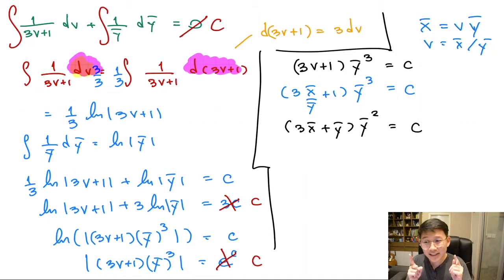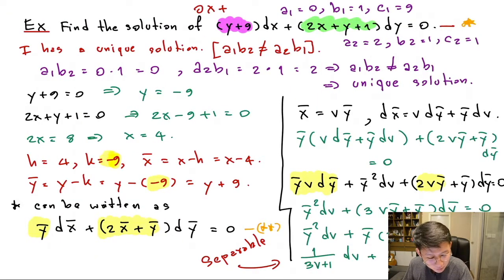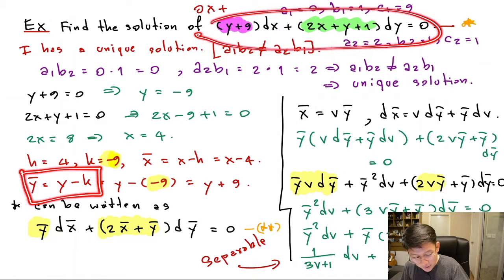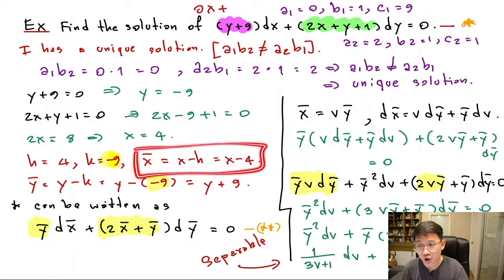But guys, we have the solution. This is the solution, but in terms of x bar and y bar. But don't forget, our problem is in terms of x and y. So we substitute y bar with y minus k and x bar with x minus h, right?